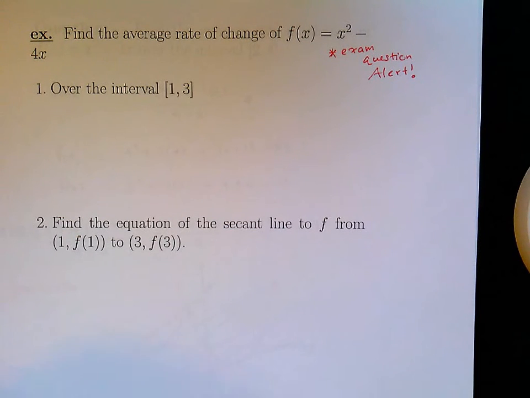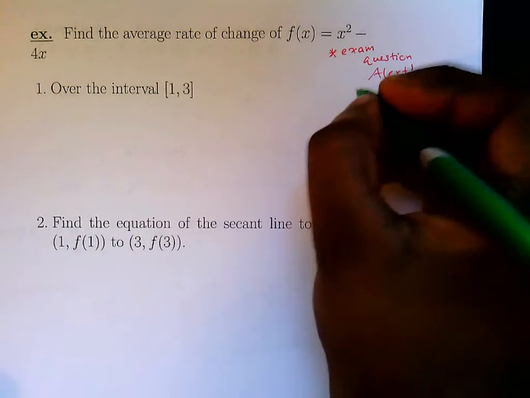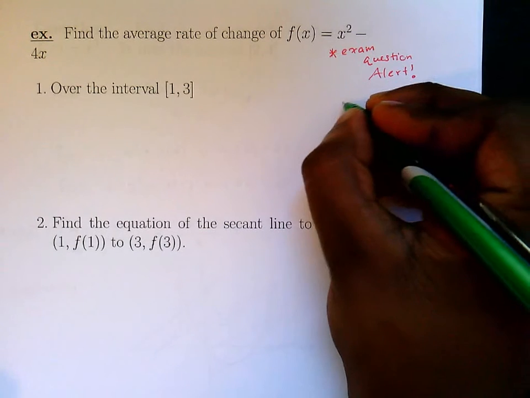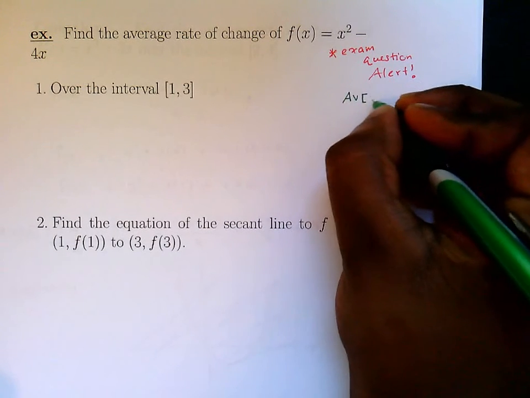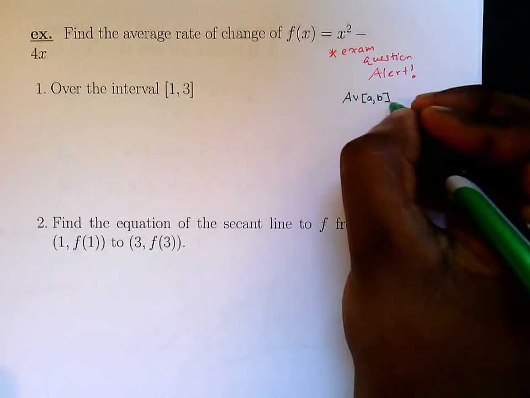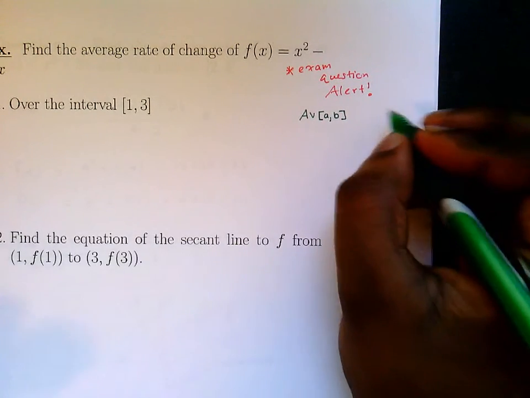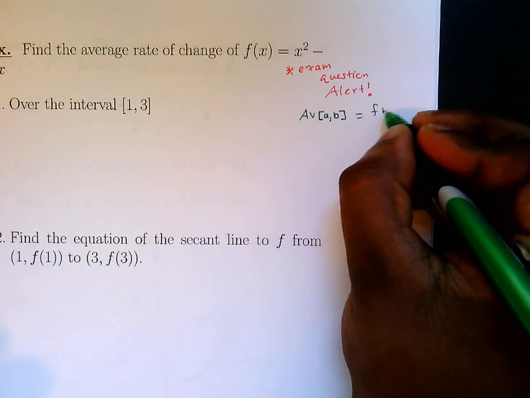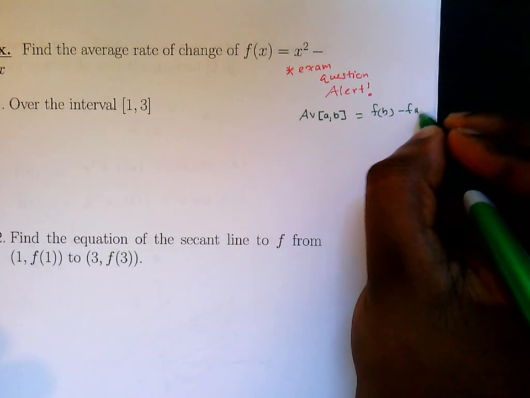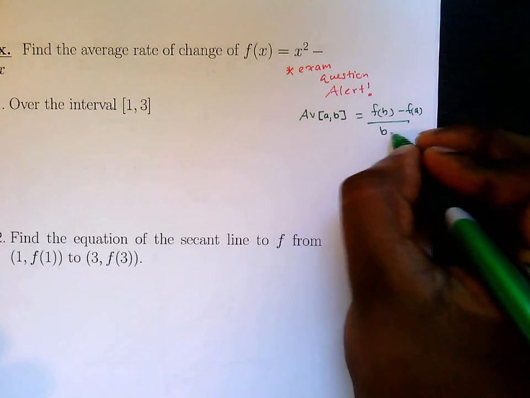Now this class is a pre-calculus class, so we need to do something that you would need in calculus, and one of those things is the average rate of change. And you need to remember the formula. The formula is average rate of change on an interval AB. Well, if you don't like formulas, you can remember an example. Either way, f of b minus f of a all over b minus a.